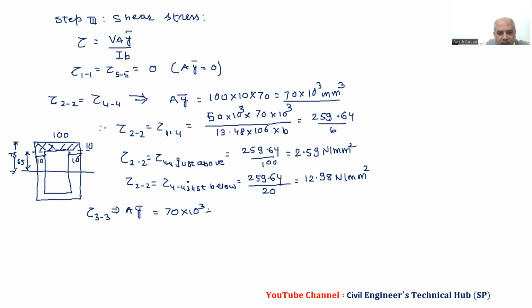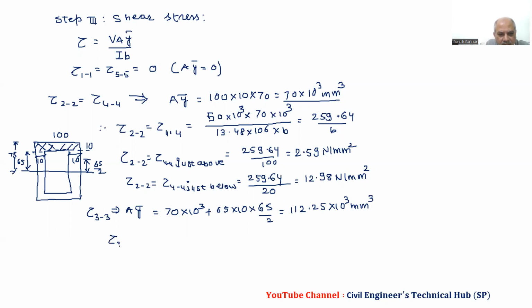Therefore we add 65 into 10, with Y bar from the center of this being 65 by 2, so into 65 by 2. We get the value of A Y bar as 112.25 into 10 raised to 3 millimeter cube.